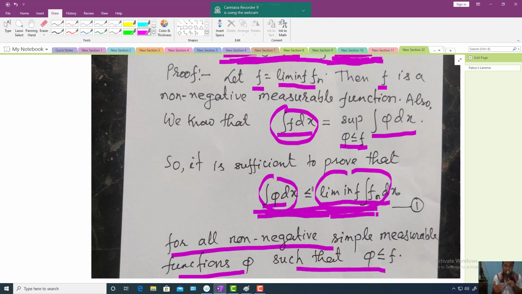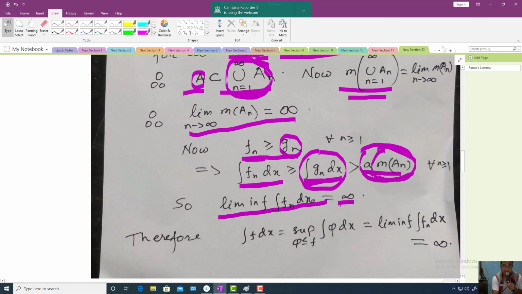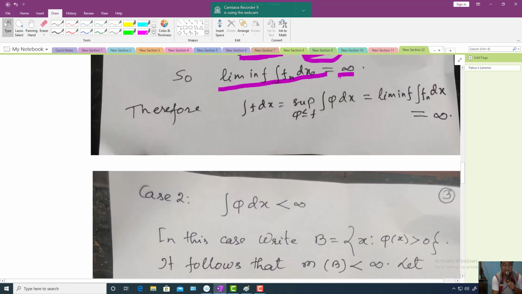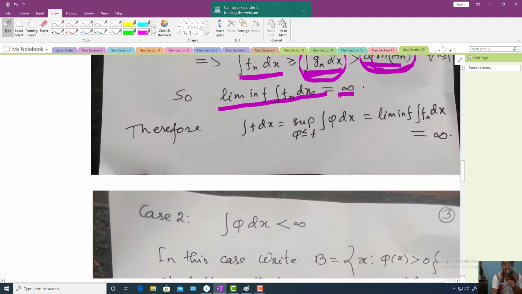What we want to show is the first inequality, number 1. So this is true when the integral of phi dx is equal to infinity. That is what we have done. Next, we have this inequality.